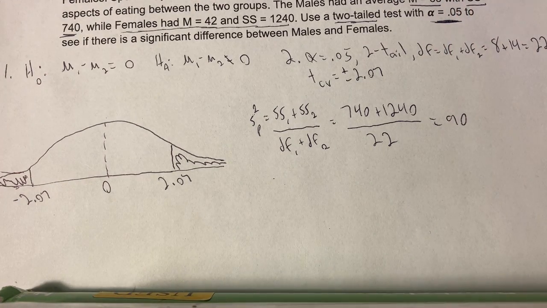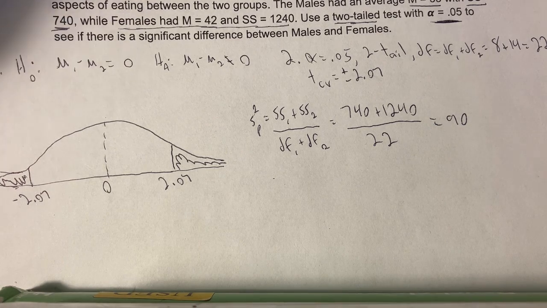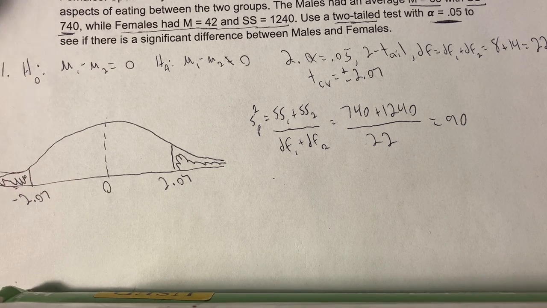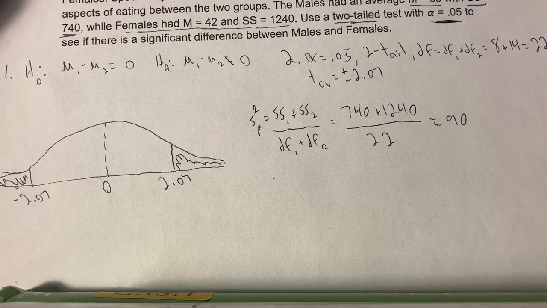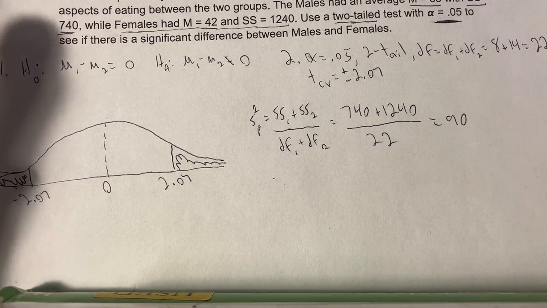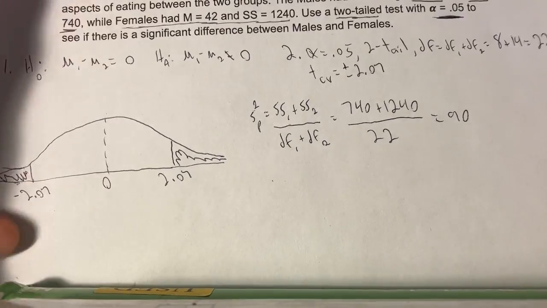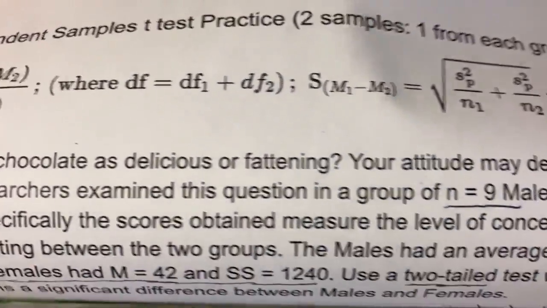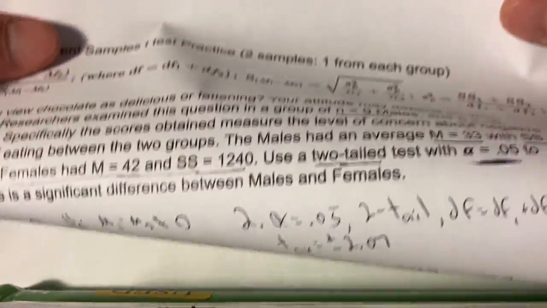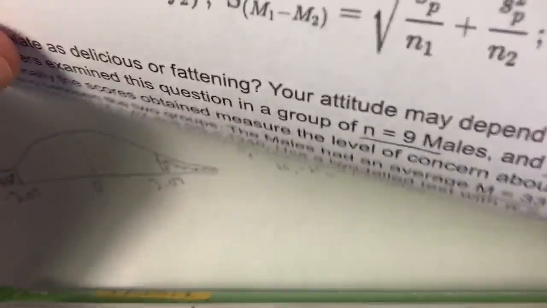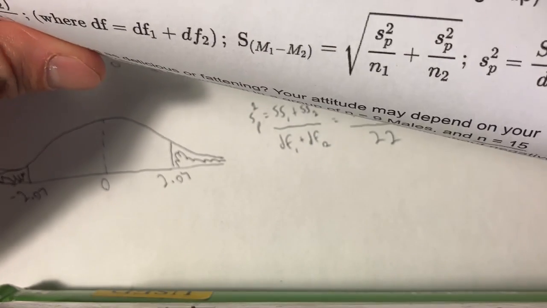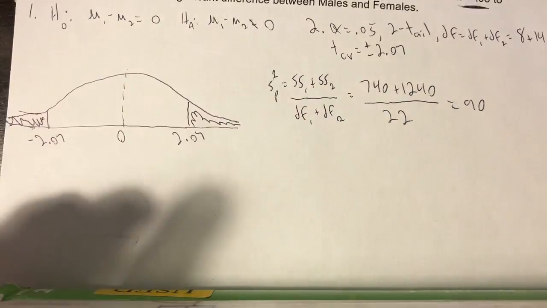So now we can find the standard error of the difference of means. The standard error was a different formula as well. So if you guys look down here, the standard error is... Sorry about that.